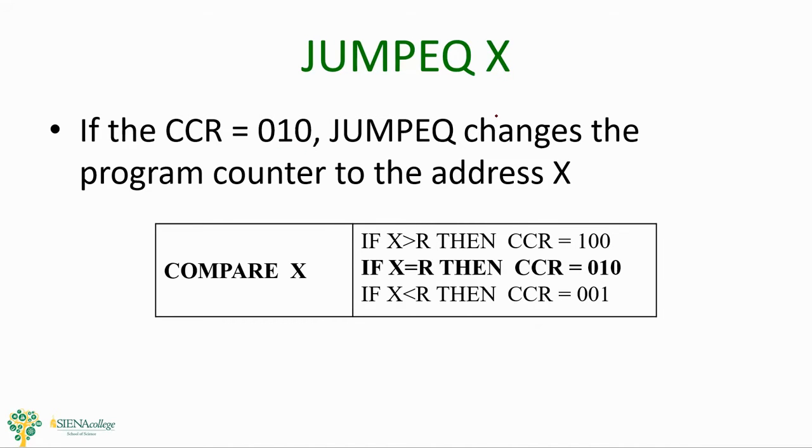Jump EQ. If the result of a prior compare set the CCR to 010, then a jump EQ will change the program counter to the address specified. If the CCR has a value other than 010, then the program counter is not changed.